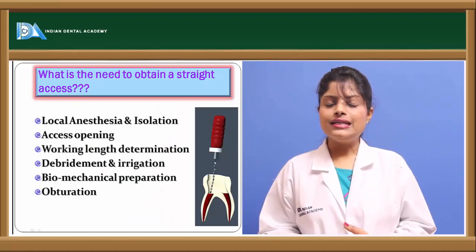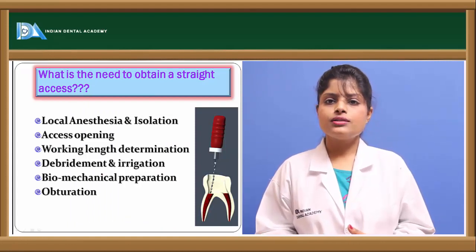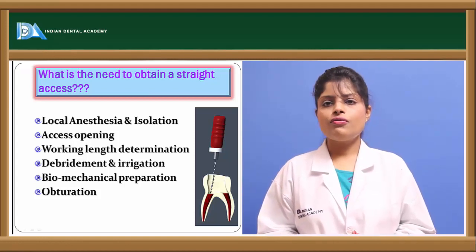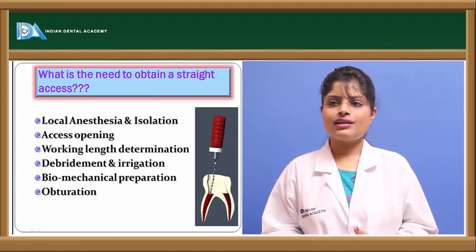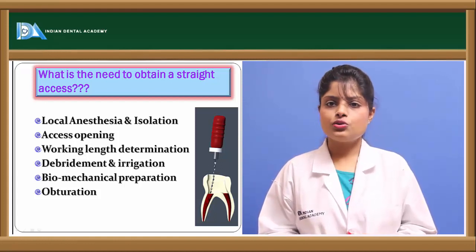So the main need to obtain a straight line axis is to determine the working length properly for the purpose of proper debridement, proper irrigation, and proper biomechanical preparation, which will be followed by a perfect obturation.